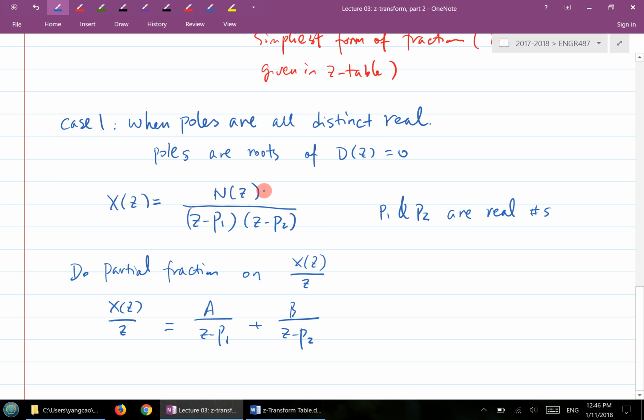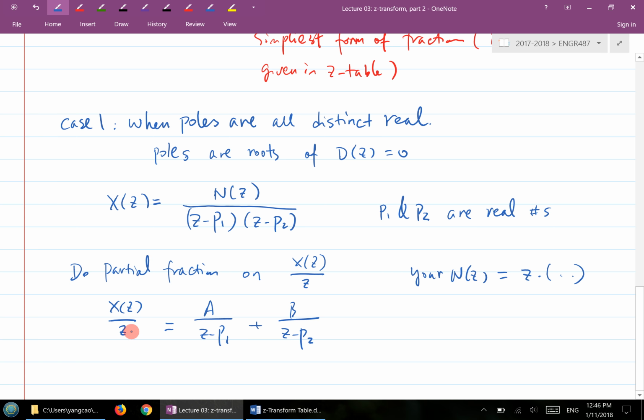So the N of z may be equal to z times something. So there is a z component there in the N of z. When you divide both sides by z, your numerator simplifies a little bit. The z is gone. So you do your partial fraction expansion on X of z over z.